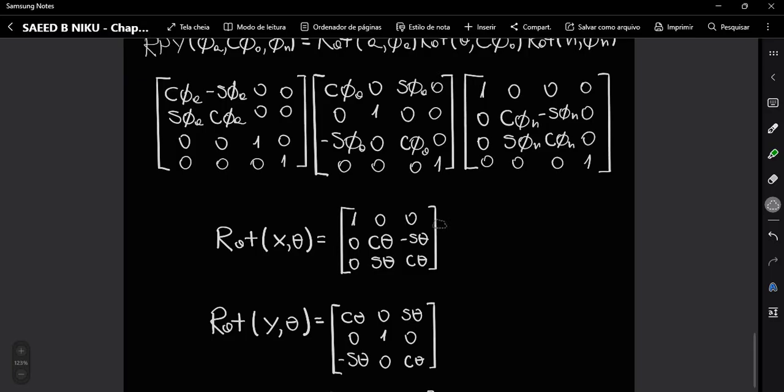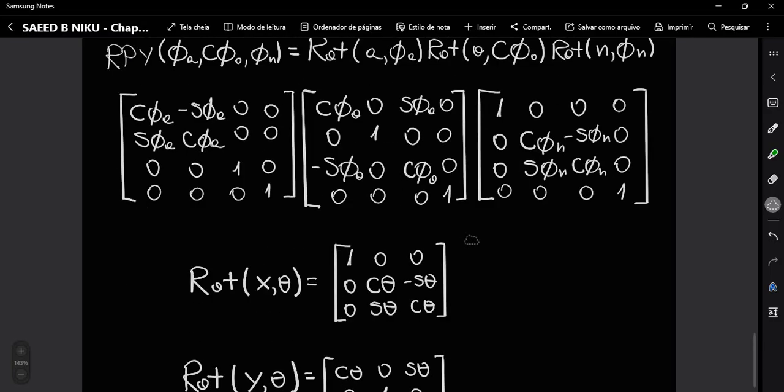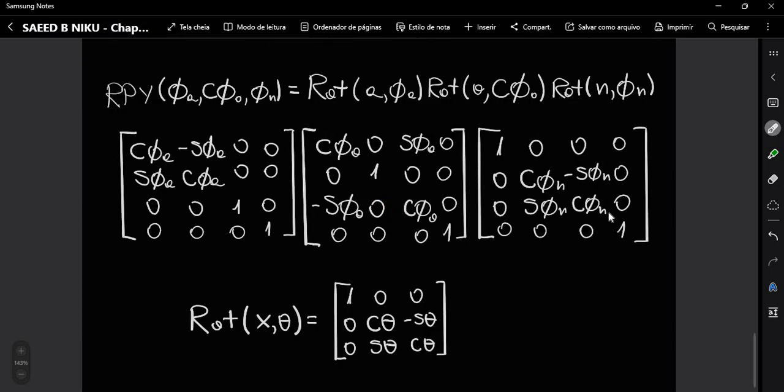And as you can see, this one is for X. So we just have to change the angle. Right here is theta, and we are substituting. We are doing an adaptation to the matrix.